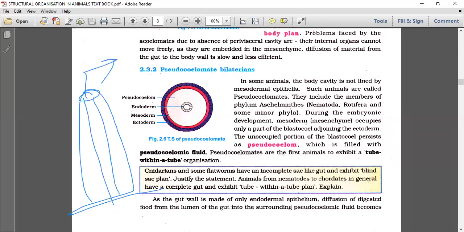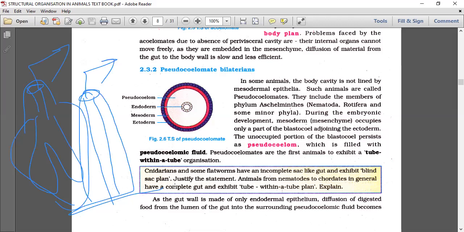Then the blind sac plan is there in them also, cnidarians and flatworms. Fasciola hepatica has the blind sac plan. What is the blind sac plan? A single opening, mouth only present, and that only acts as an anus.